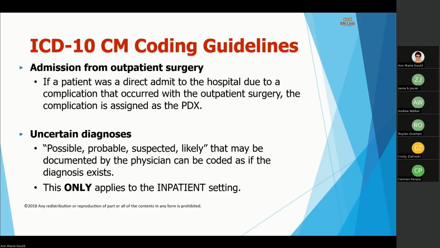Okay, a couple other coding guidelines we have in here is admission from outpatient surgery. So if a patient was direct admitted to the hospital due to a complication that occurred with the outpatient surgery, then of course the complication is assigned as the PDX. So say for example, an 80-year-old went to have his or her eye cataracts removed and had lens implants put in, right?